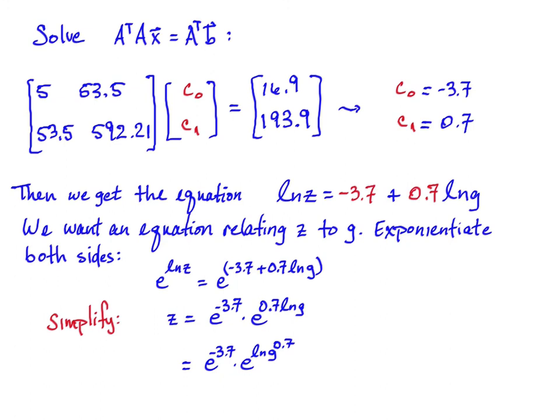And now e to the natural log of g to the 0.7 is just going to be g to the 0.7. So e to the negative 3.7 was 0.02, and e to the natural log of g to the 0.7 is just g to the 0.7.